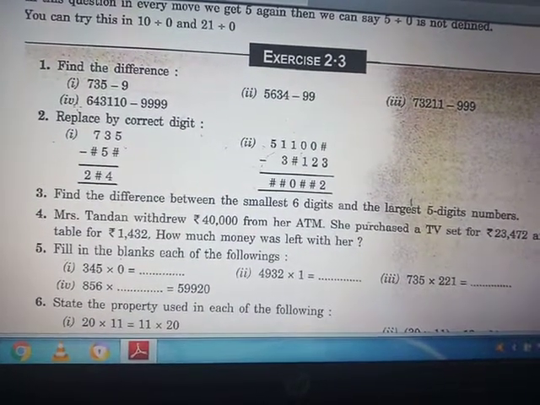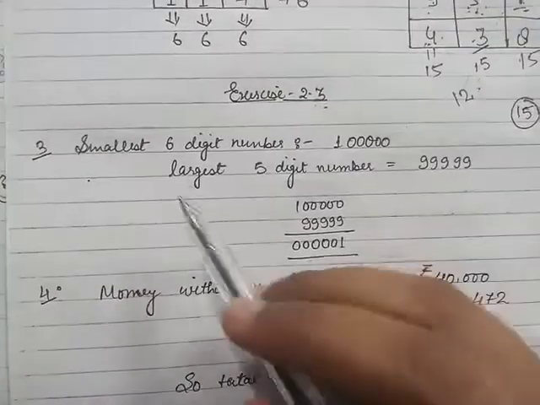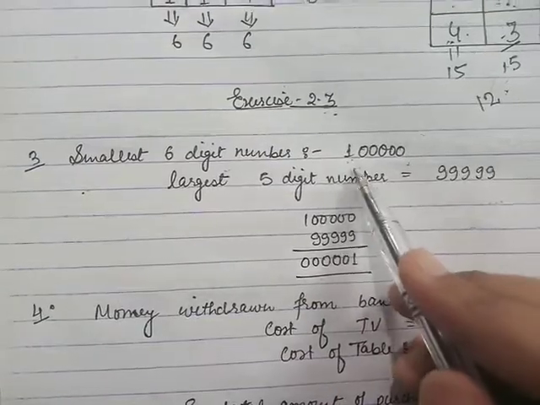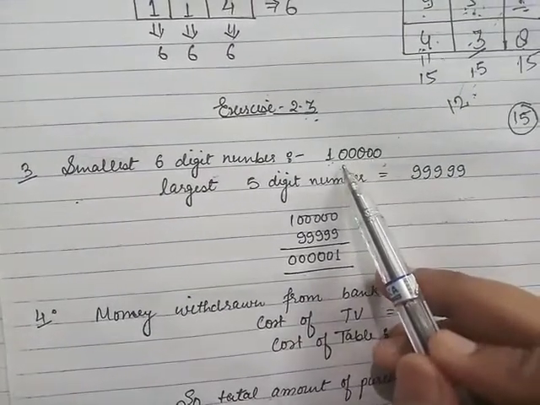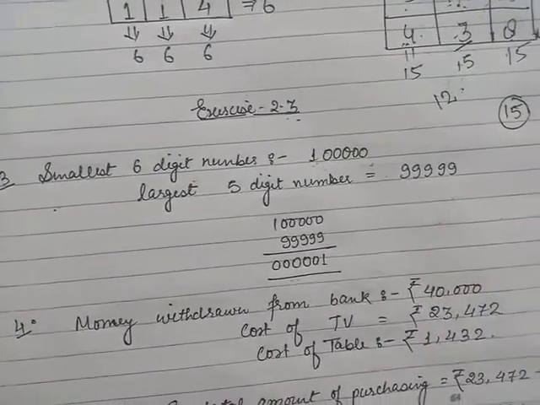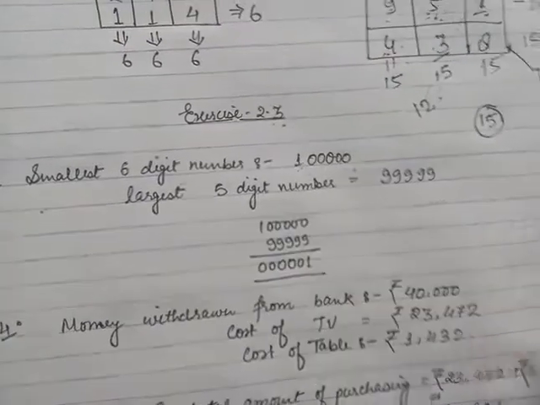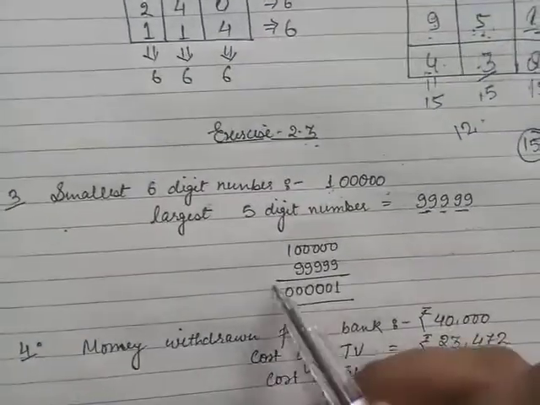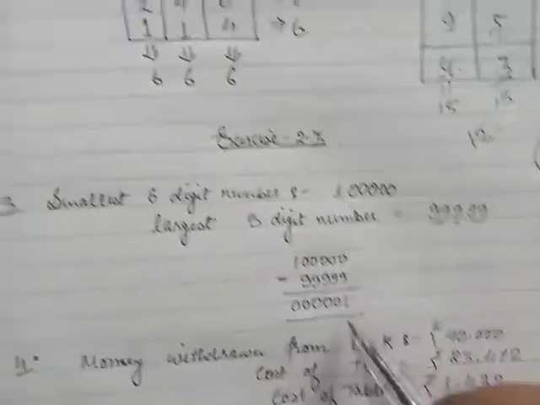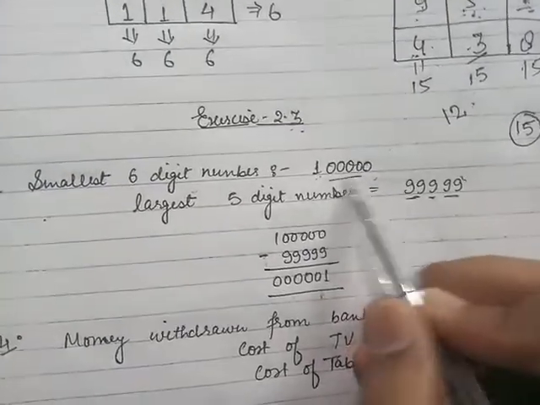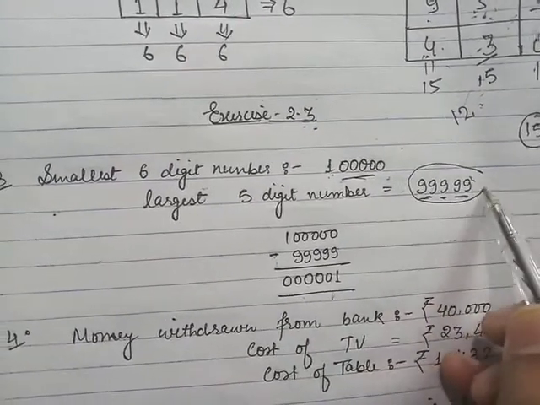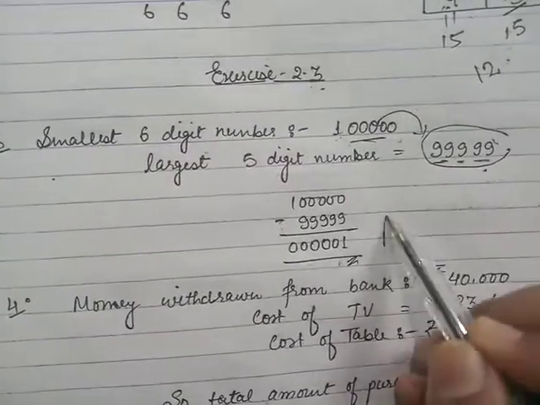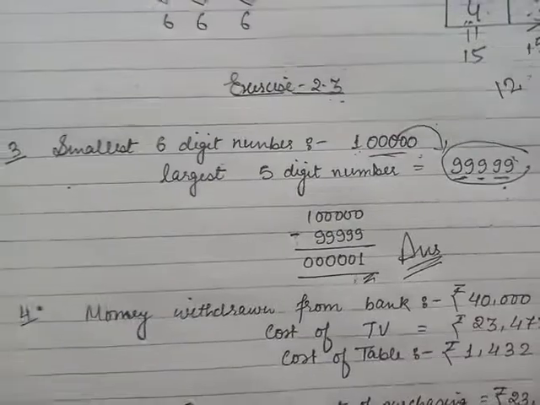You can see here that the smallest 6-digit number is 1 lakh, and our largest 5-digit number will be 99,999. When we find the difference between the two, 1 lakh and 99,999, we will get 1 as our answer. So this question has been completed.